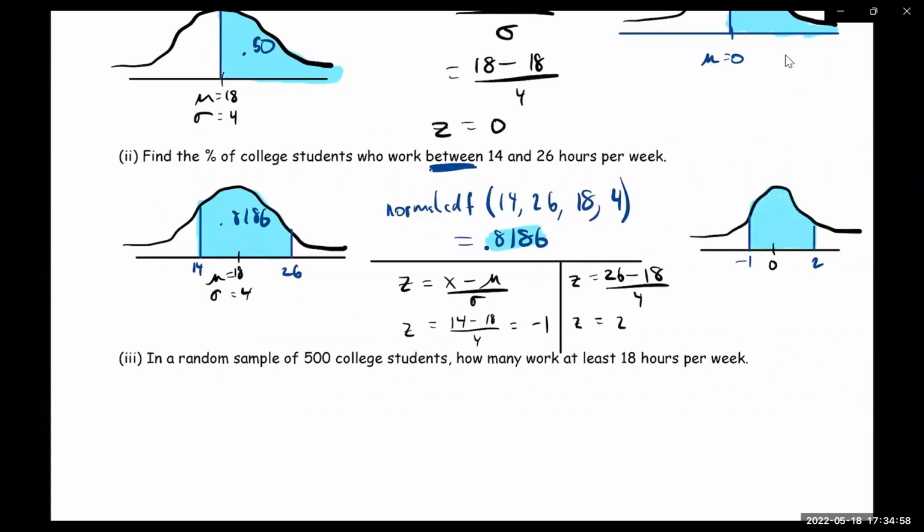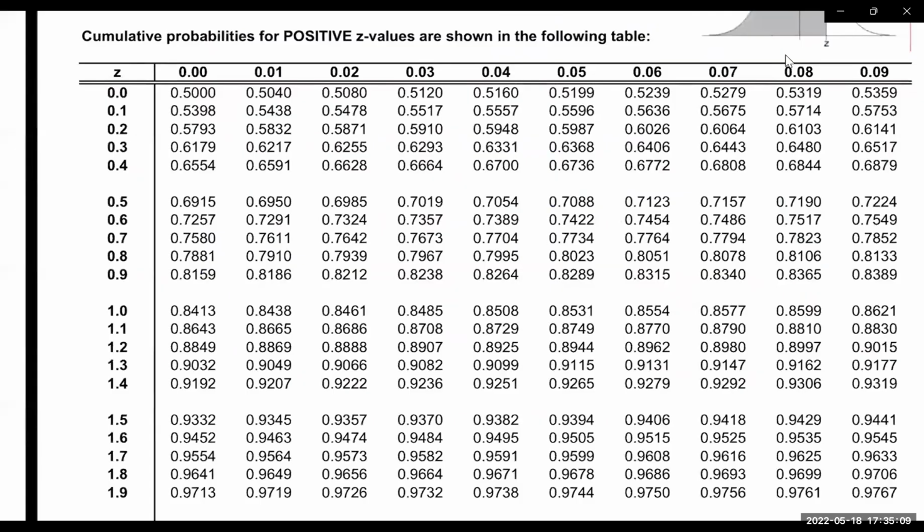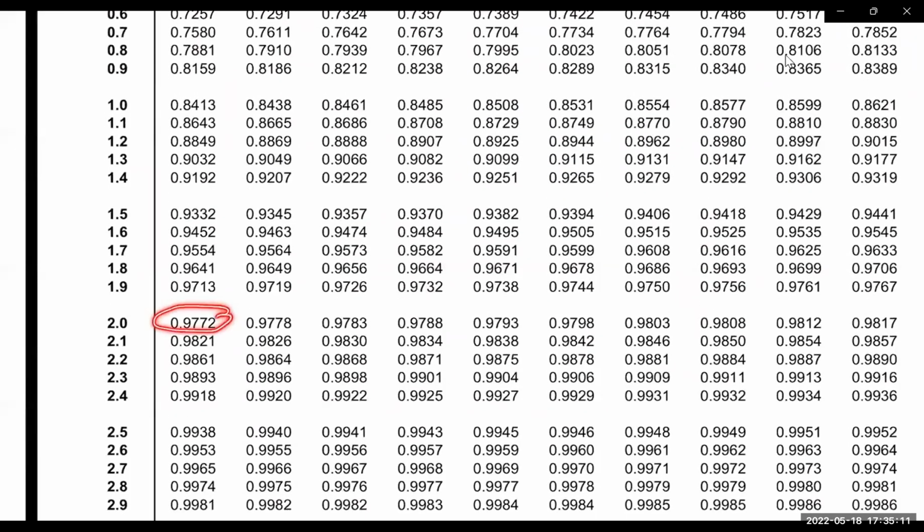All right, and now remember what we did last time. You have to use the table to find the area to the left of 2. So we've already done this one. It's 0.9772.